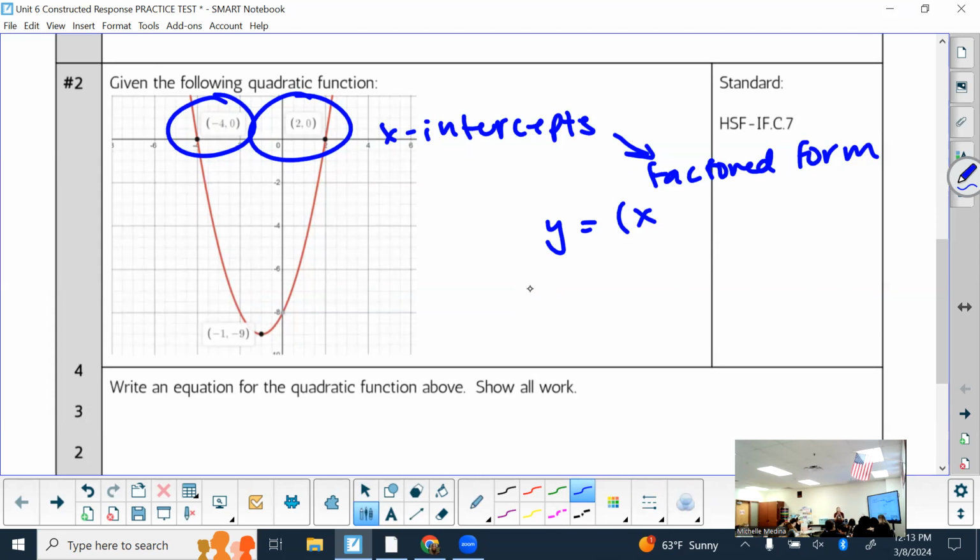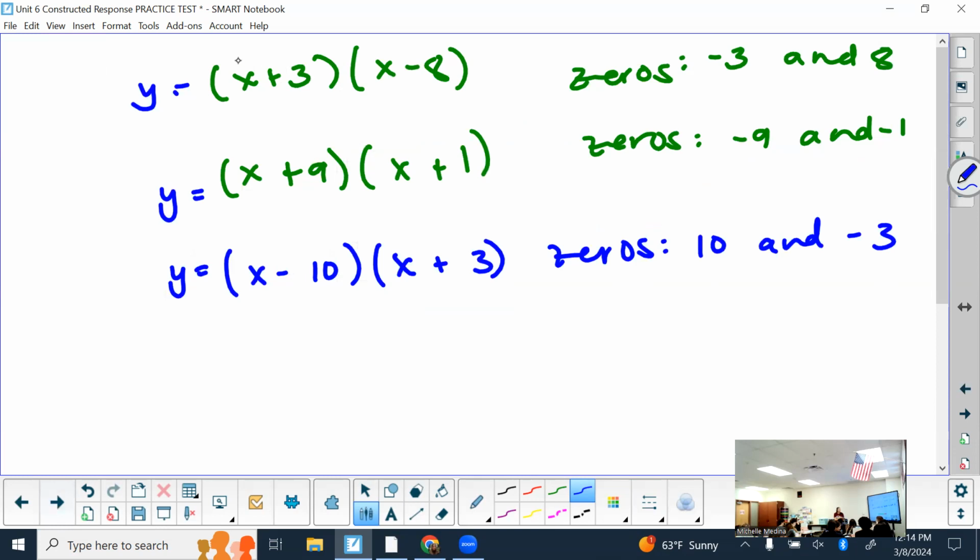What can you clearly see from the given graph? The x-intercepts. Out of all the different forms of quadratic functions, which form is it really easy to see the x-intercepts from? From factored form. Great. We've seen a bunch of things in factored form this entire unit. Here's some examples. I'll even make another example.